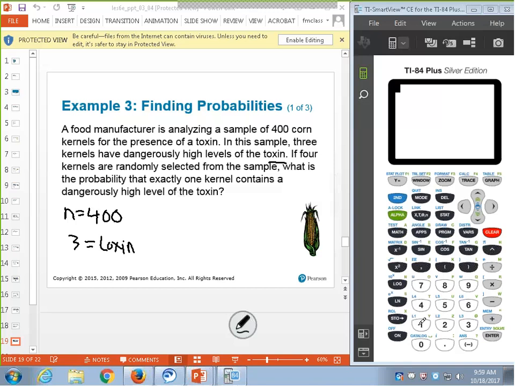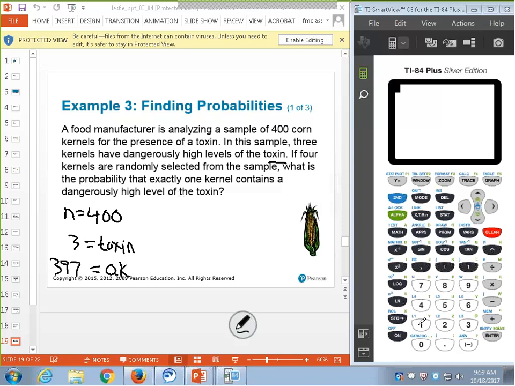If there's 400 altogether and 3 are toxin, then how many kernels will be okay? 397, right? 400 minus 3. So 397 are okay.